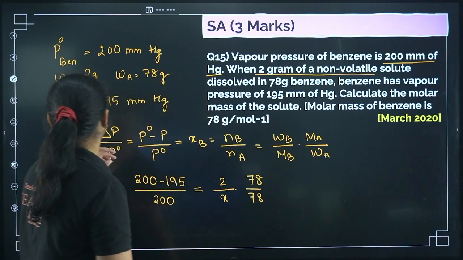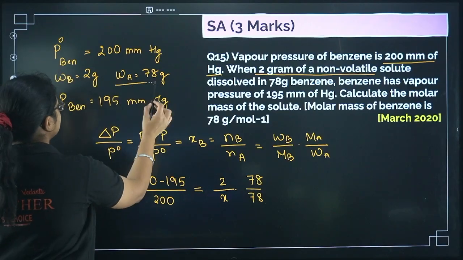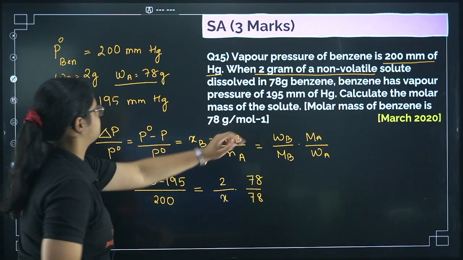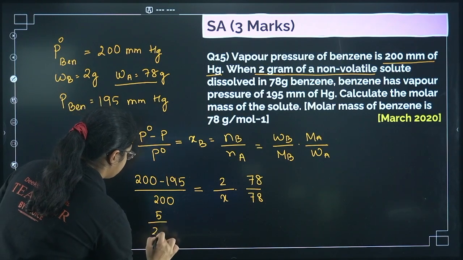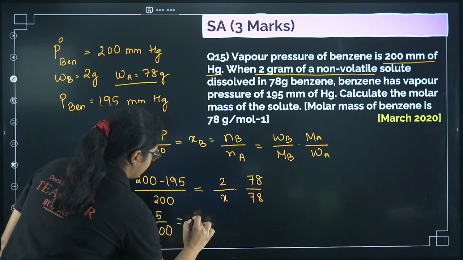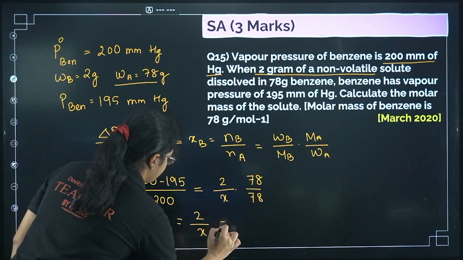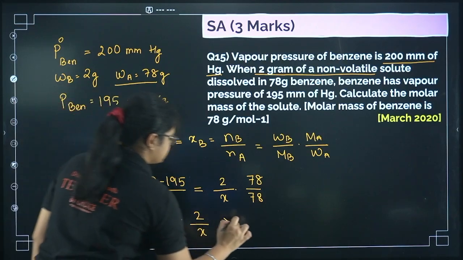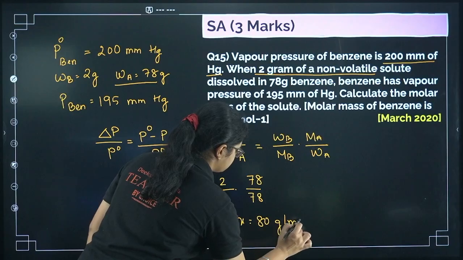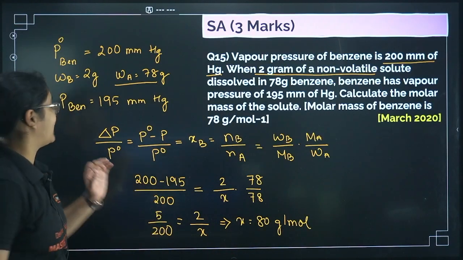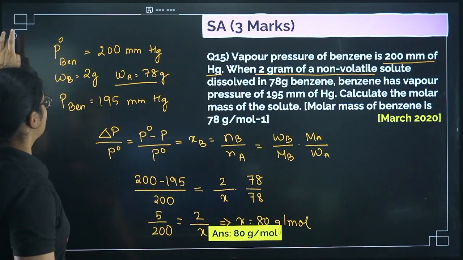Both given mass and molar mass of the benzene, WB is there, and molar mass is also 78. So now if I just solve this, I get 5 by 200 here, and I'll get 2 by X here, right? So now solving this one, X will give me 80 grams per mole. So what is the molar mass of the non-volatile solute? 80 grams per mole. Okay, fine.